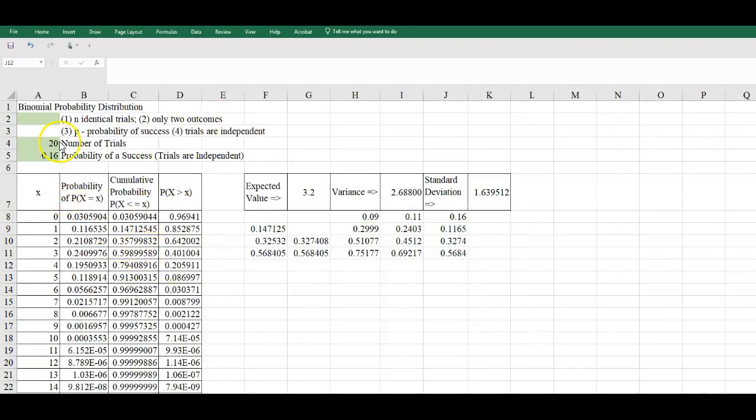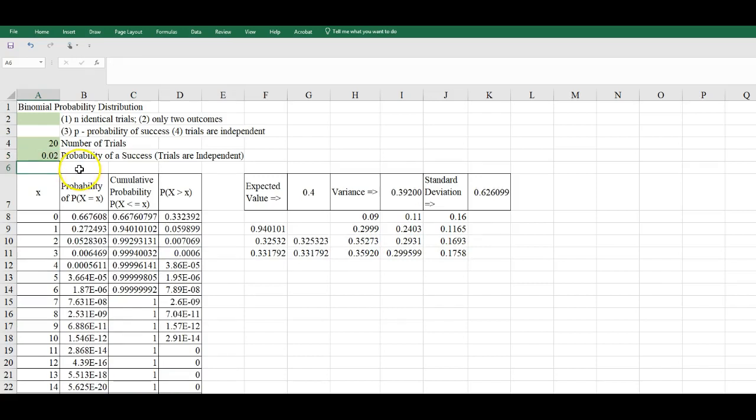If you open up your toolkit to the binomial probability distribution, in the first instance, we have a probability of success, which in this case is equal to a defective item. In the first instance, they used a probability of 0.02.